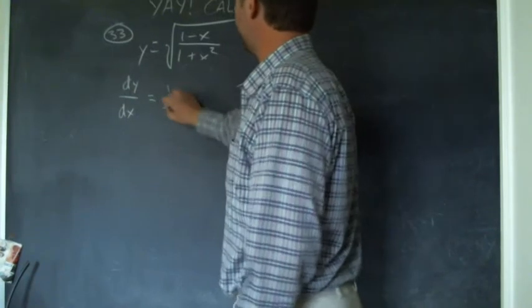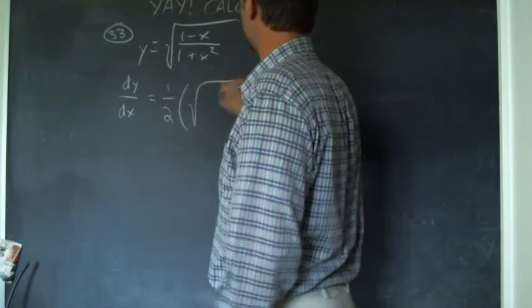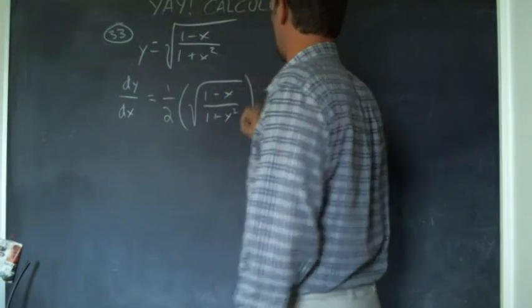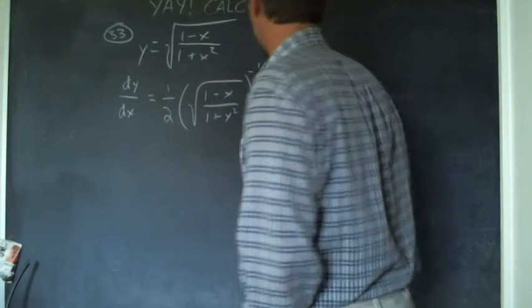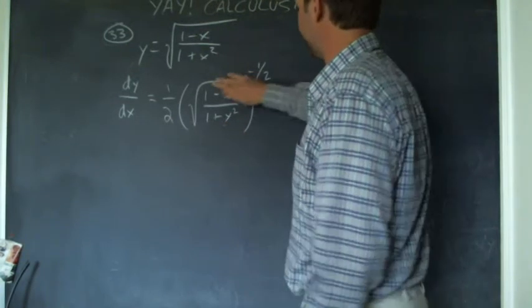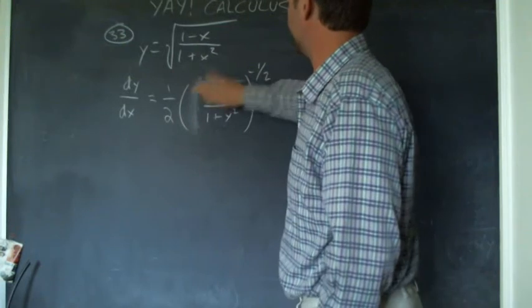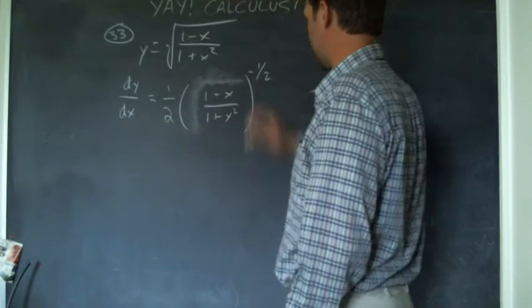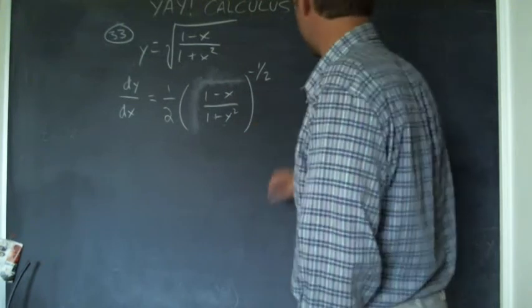That's going to be 1/2 times the square root of 1 minus x over 1 plus x squared, to the negative 1/2, times the derivative there.